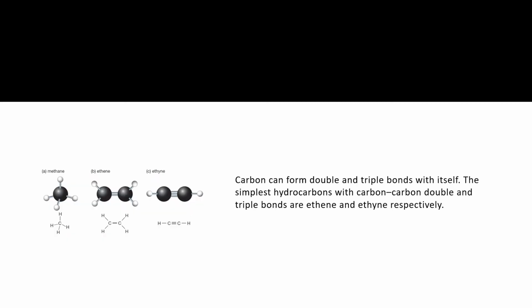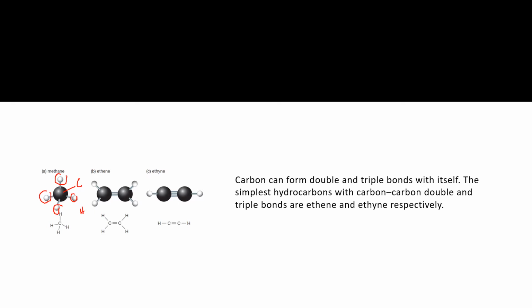So the simplest hydrocarbon is methane. It has one carbon. The big ball represents the carbon, and the small four balls represent hydrogen.